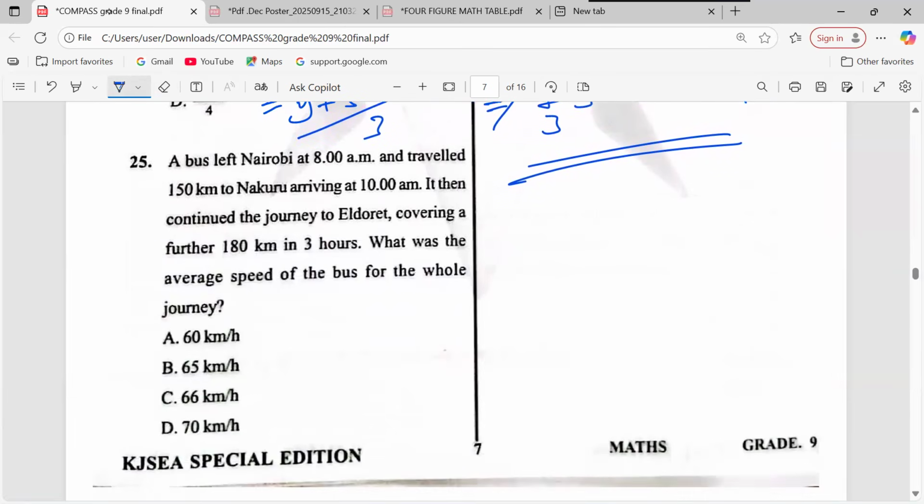25. A bus left Nairobi at 8 a.m. and traveled 150 kilometers to Nakuru, arriving at 10 a.m. It then continued the journey to Eldoret, covering a further 180 kilometers in 3 hours.